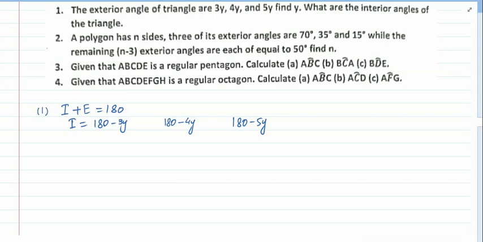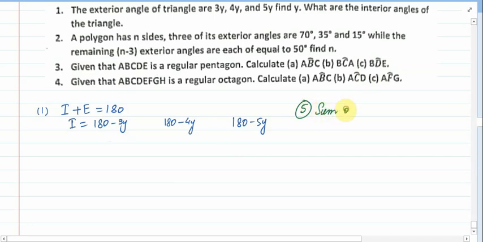That will be a very lengthy method, right? First we need to find the interior, and then apply the formula that the sum of angles in a triangle is 180. So we are going to apply the shorter method, and that is your fifth and important formula, that the sum of all exterior angles is equal to 360.